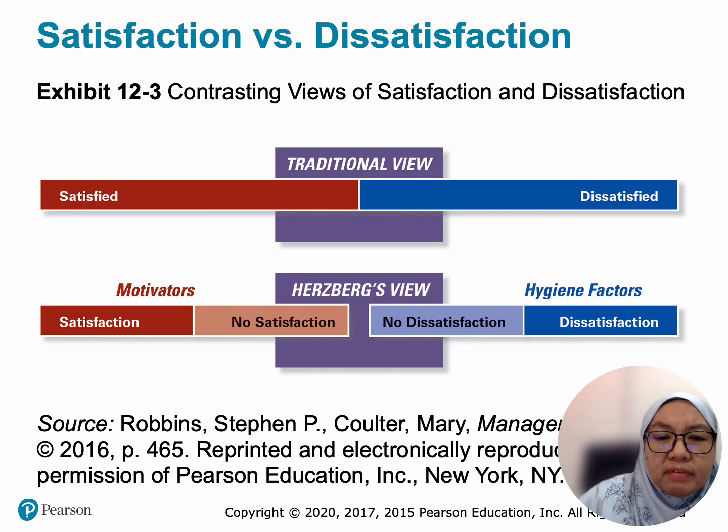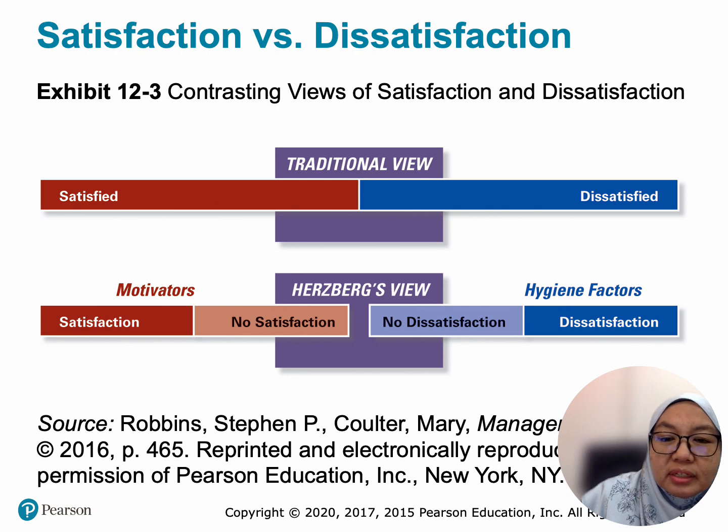For example, let's say managers take away the thing that makes employees dissatisfied, such as punishment. So we know that punishment will make employees dissatisfied. If the manager takes away that, it doesn't mean that the employee will be satisfied. This is what it said.